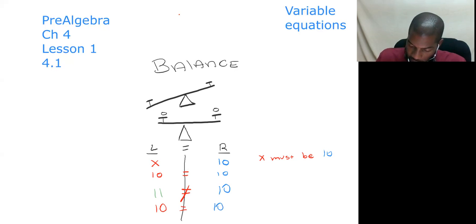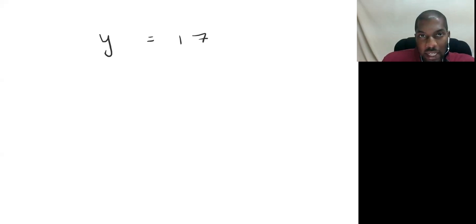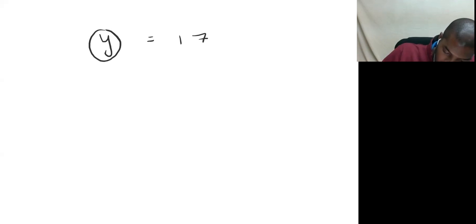Let's try it again with a different one. There's not much math going on here, actually. If I told you that y is equal to 17, well, then you know, based on this, that y, no matter what this is, has to equal 17. So what are some things y could be?